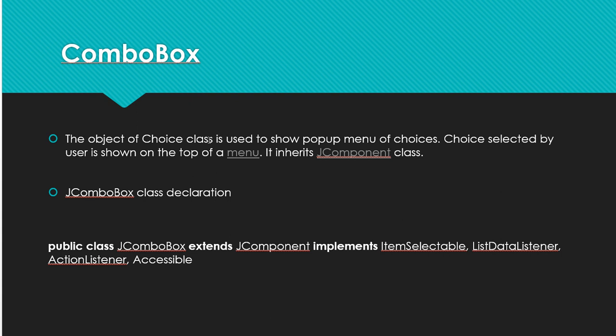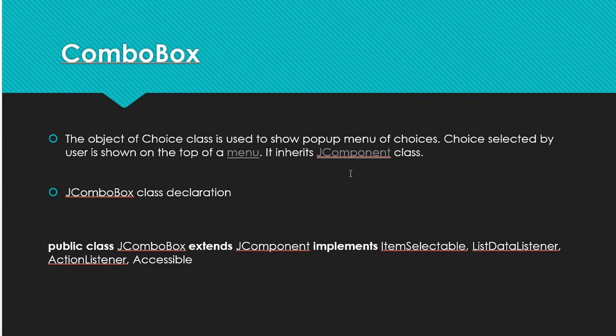It is an object of the Choice class used to show a pop-up menu of choices. The choice selected by the user is shown on the top of the menu. It inherits the JComponent class. You can understand this.